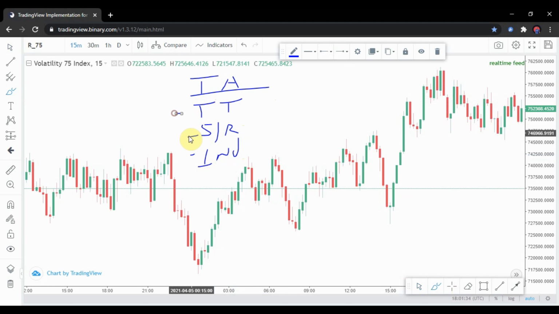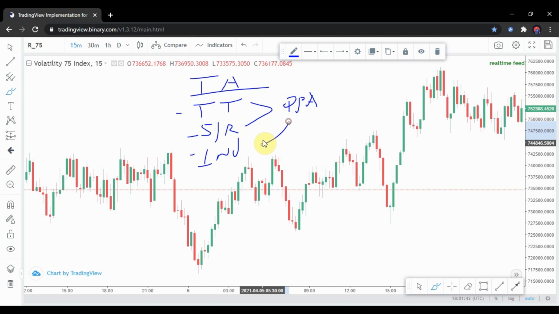So these are the three aspects of technical analysis, but then the first two are broken down into pure price action, where there isn't an involvement of indicators. When there are indicators involved, it's technical analysis. But when we remove this third part of the list, then it becomes pure price action.